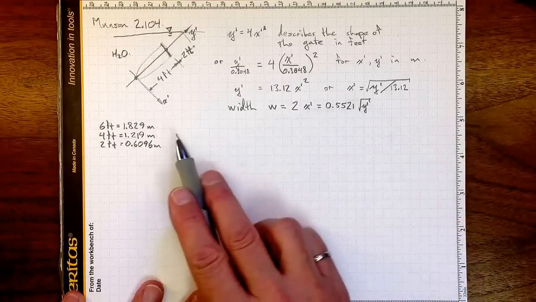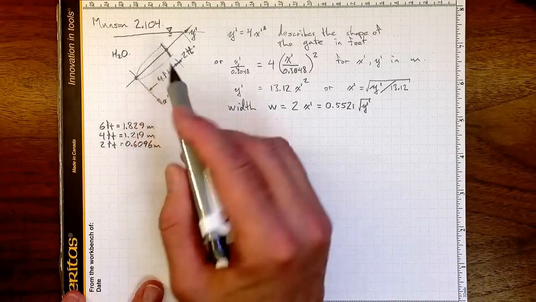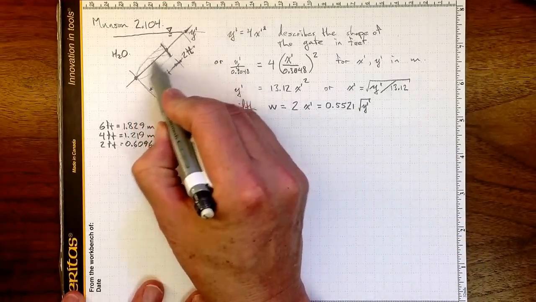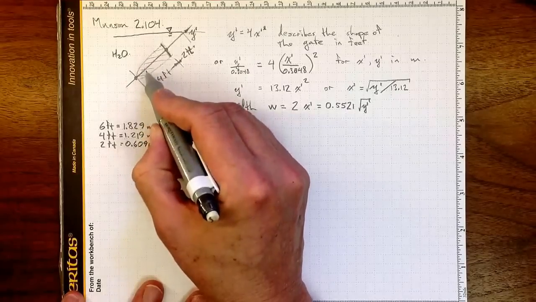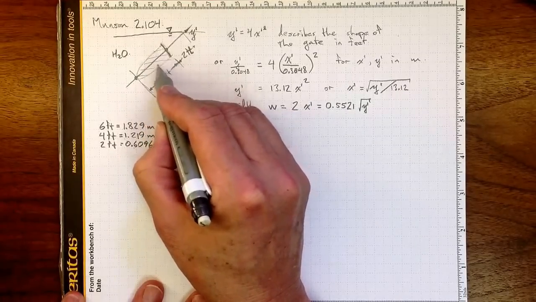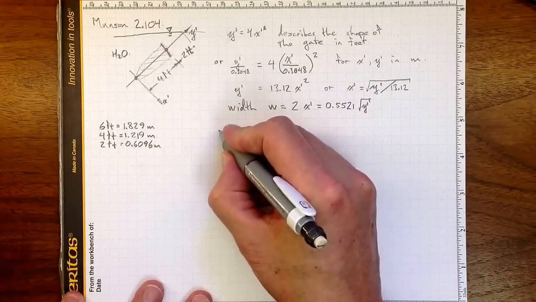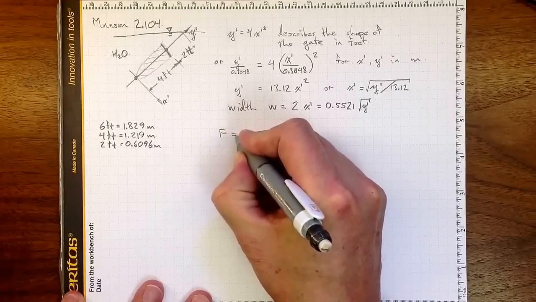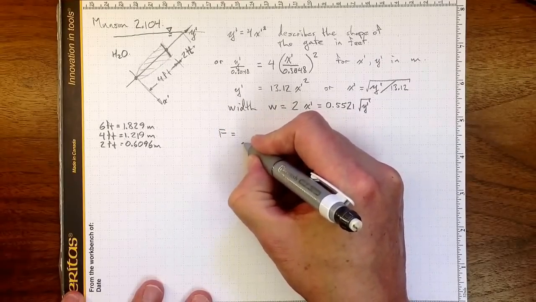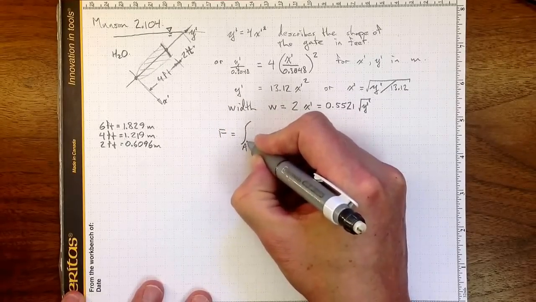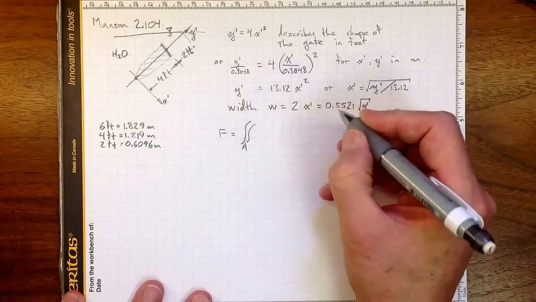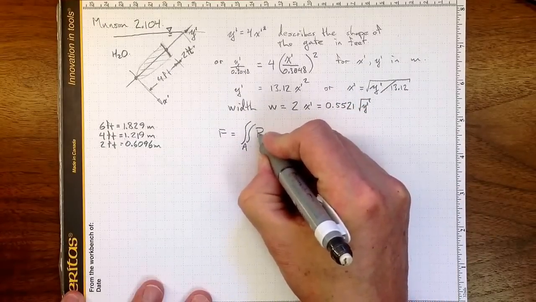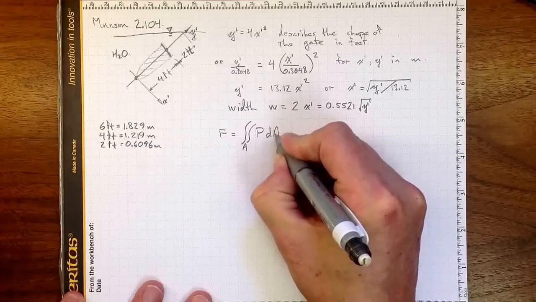So if we want to get the force, we're going to have to integrate over this area. The pressure integrated over the area. So the force will be equal to the integral over the area, probably should call out a double integral, of pressure and area.